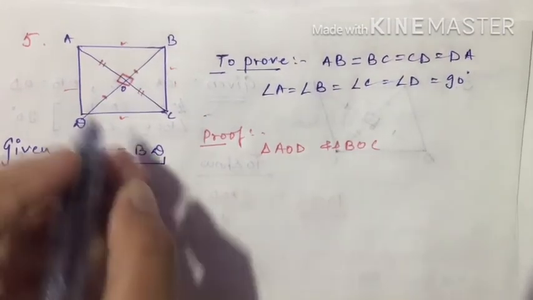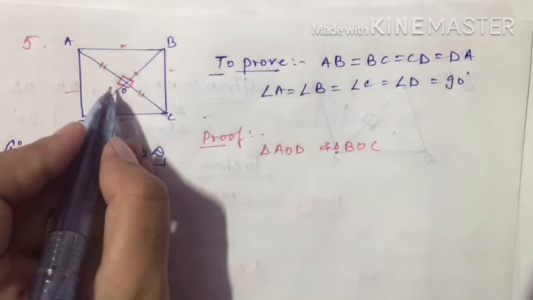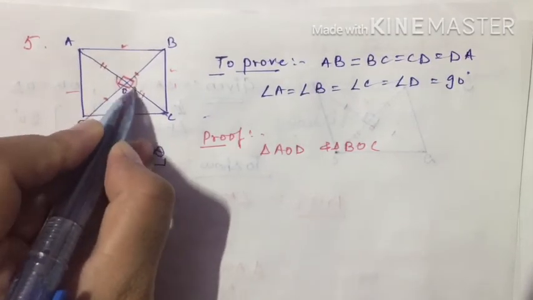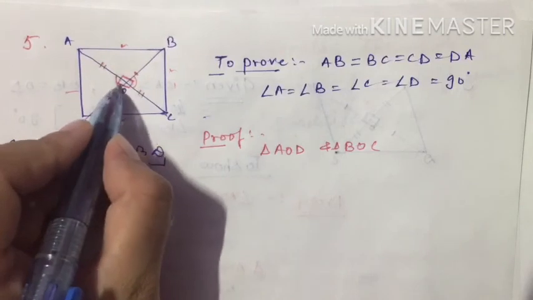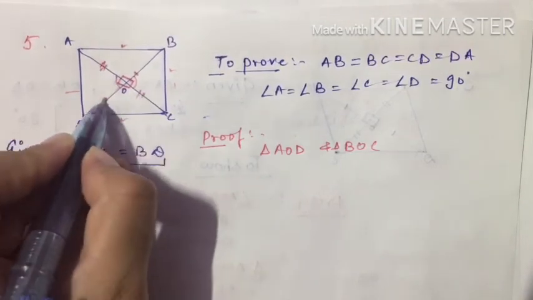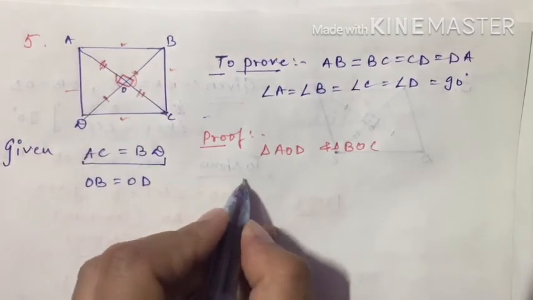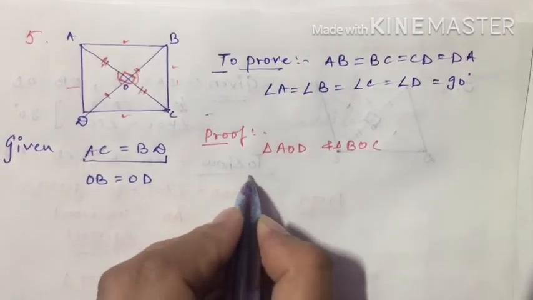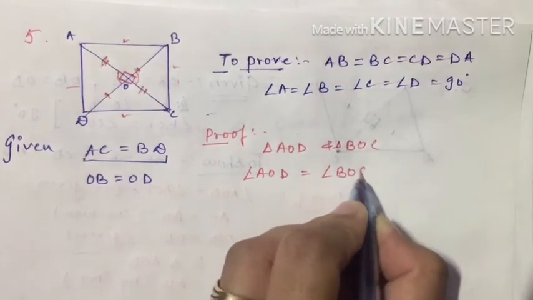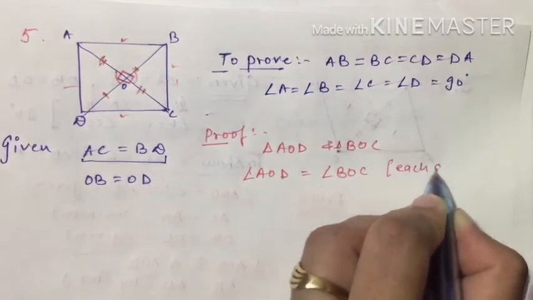These two triangles I am taking. It is very easy for us to prove them congruent. This angle is equal to this angle, vertically opposite angles, or we can call it 90 degrees each. That means angle AOD is equal to angle BOC, each 90 degrees.